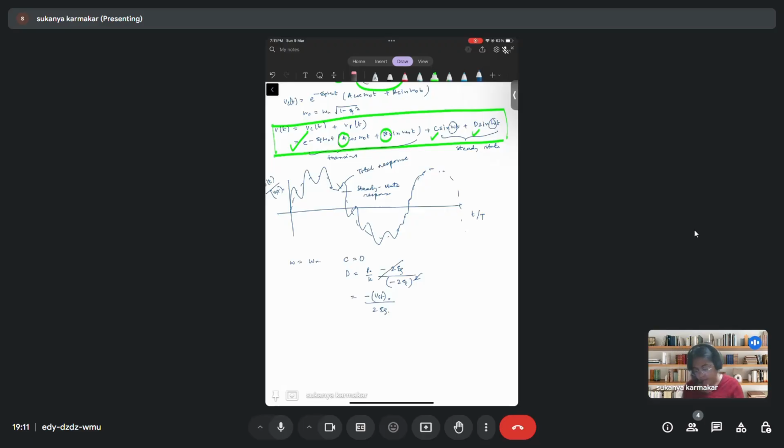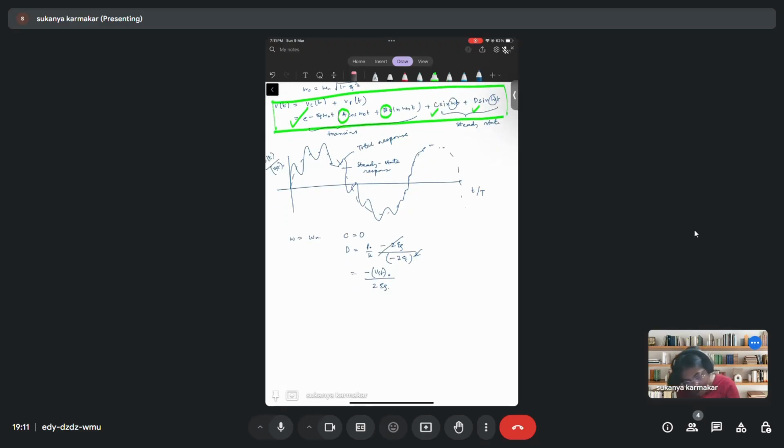Let's say my u of t is of the form e to the power minus zeta omega n t, a cos of omega d t plus b sine of omega d t.